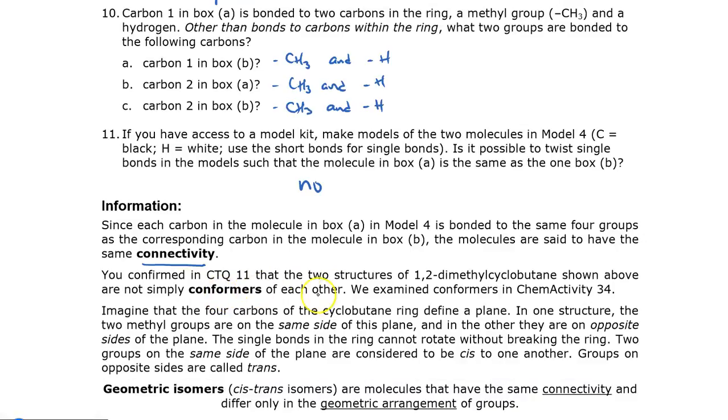So they're not conformers. You cannot rotate the methyls around to be in the same place, so therefore they must be a new kind of isomer that we haven't seen before, and we're calling those geometric isomers. They're also referred to as cis-trans isomers, and this paragraph defines what cis and trans are.